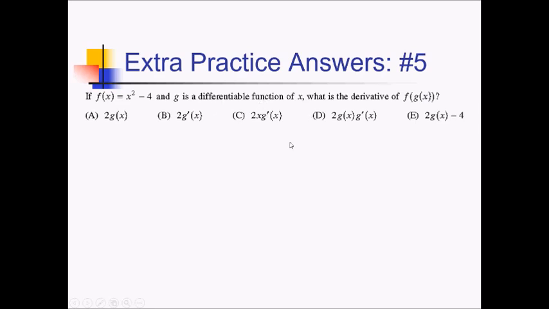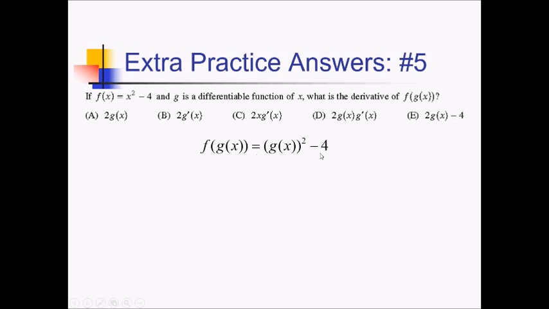All right, let's just take the derivative of f of g of x and see what happens when we do that. So this is going to require the chain rule. I'm going to have the derivative of the outer function, so f prime of g of x. And we know that f is actually x squared minus 4. So let me just rewrite this as g of x squared minus 4.